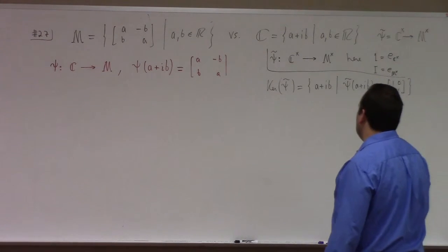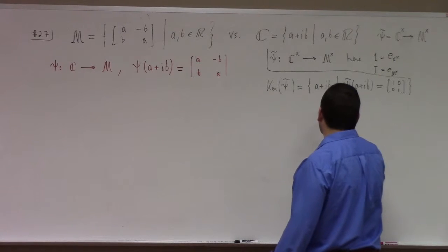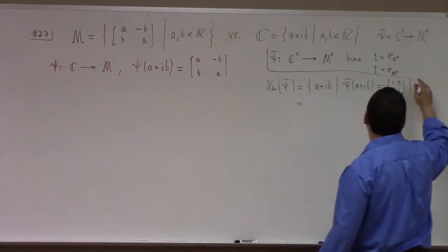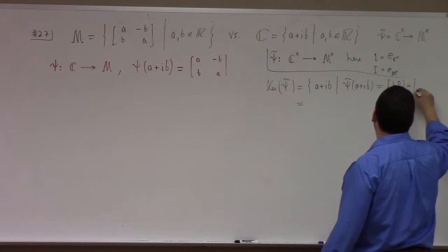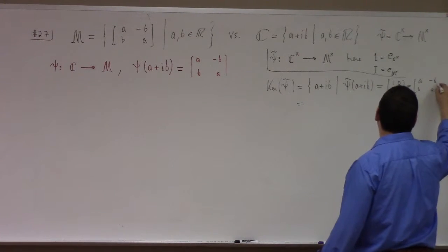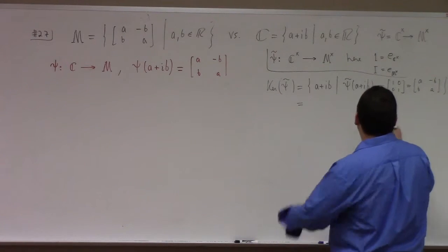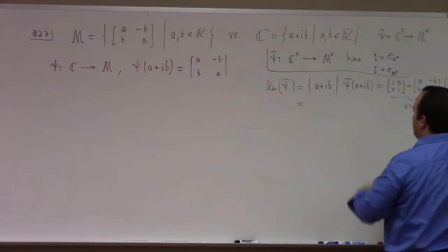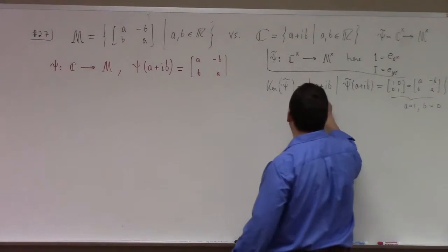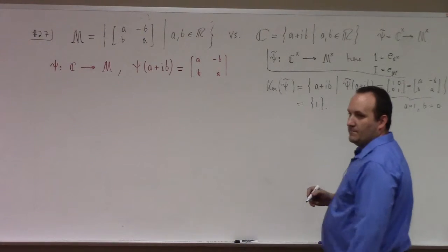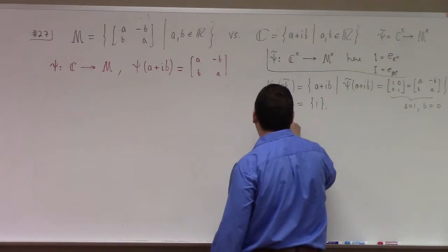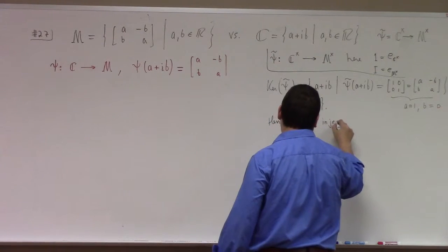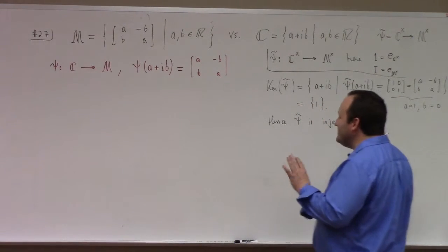So this is A minus B, B, A. What does this tell us? A equals 1, B equals 0. So long story short, the kernel is just 1. Hence, psi tilde is injective.